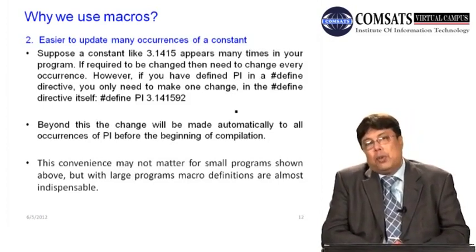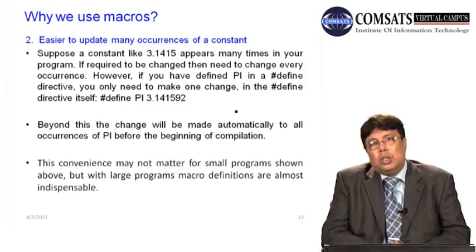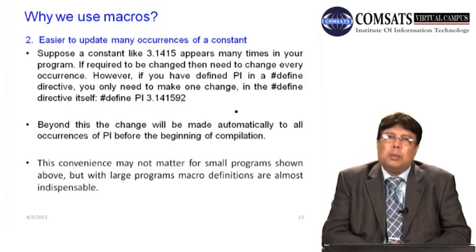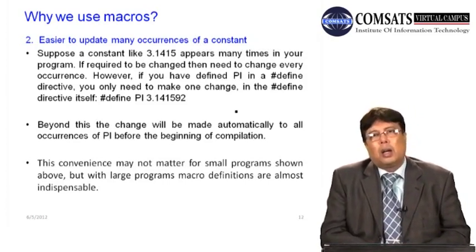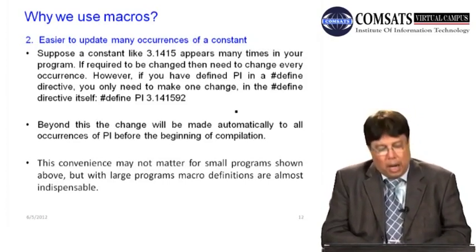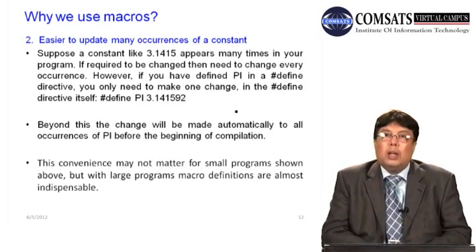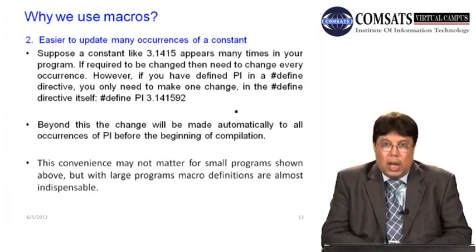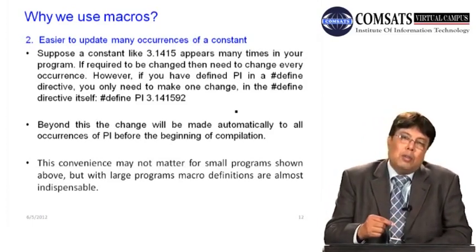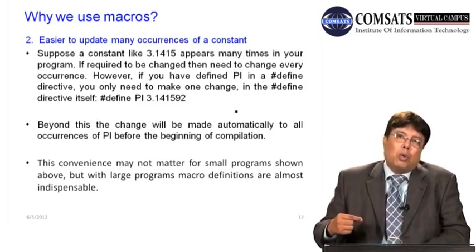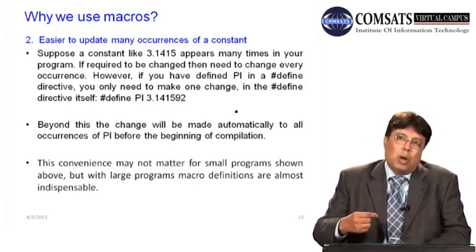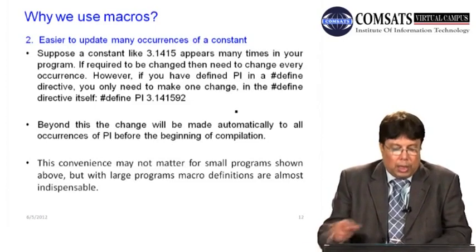And if you want to use the more accurate value, if you are using the define directive, you will simply change its value and the rest of the occurrences will automatically be updated beyond the point where you have defined it. एक जगह पर आप चेंज करें उसकी वैल्यू और जहां जहां पर आपने वो मैक्रो को यूज किया है, सब जगह पर वो ऑटोमेटिकली रिफ्लेक्ट हो जाएगी.